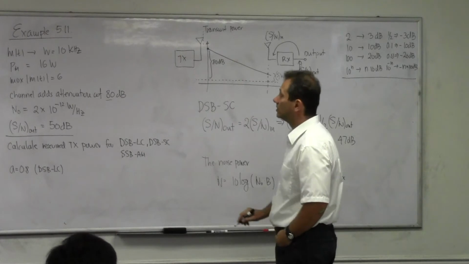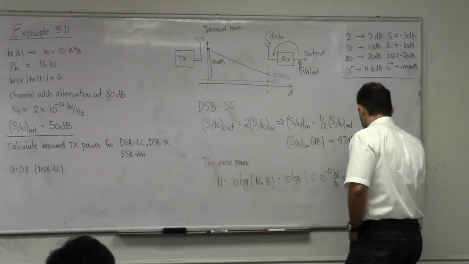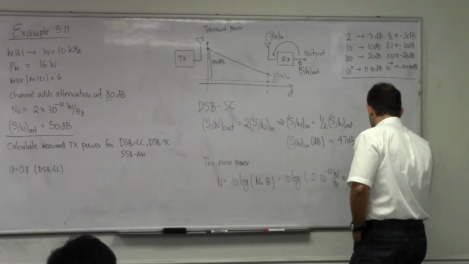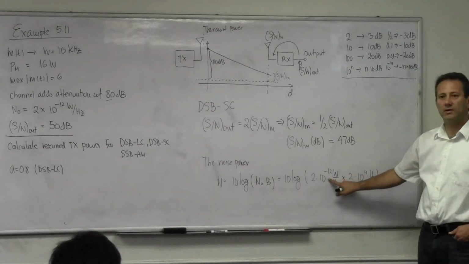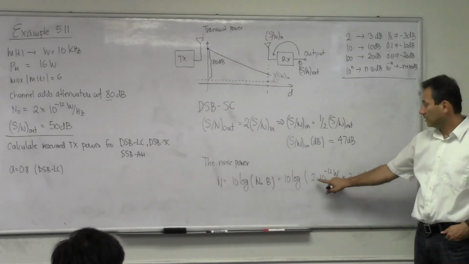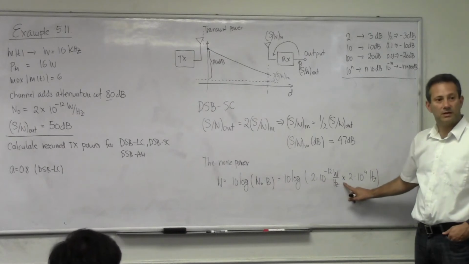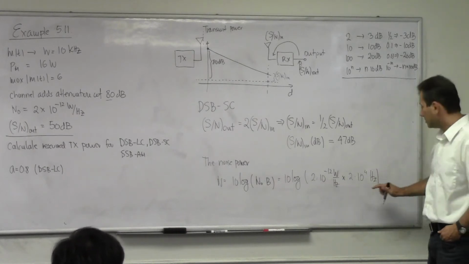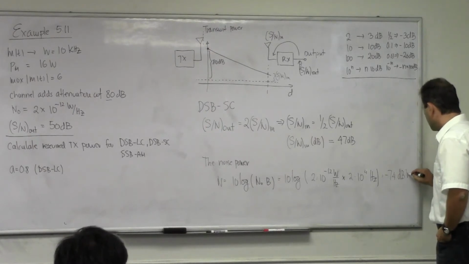The bandwidth we said was 2W, so it's 20 kilohertz, which is 2 times 10 to the 4. So you have 10 to the 4 and 10 to the minus 12. That's 10 to the minus 8, right? So it's minus 80 plus 3 is minus 77, plus 3 is minus 74. So this is minus 74. Units are dB with respect to watt.